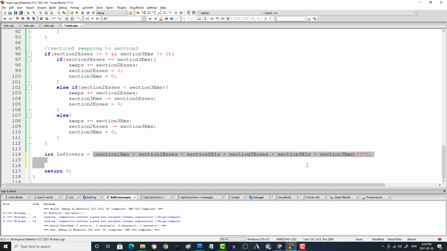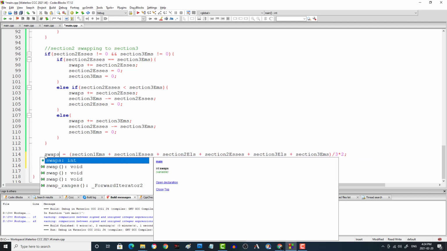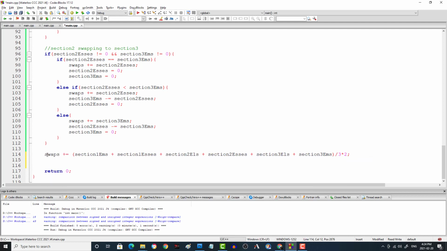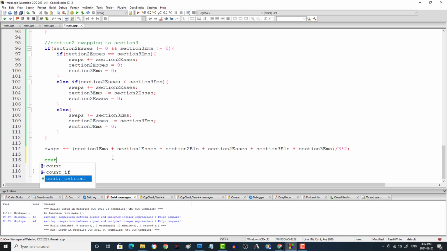This represents the number of swaps we need to finish swapping the leftover bits. So we actually don't even need the leftovers variable. We can just say swaps plus equals that amount. Then at the end, we can just cout swaps, and that should be it.